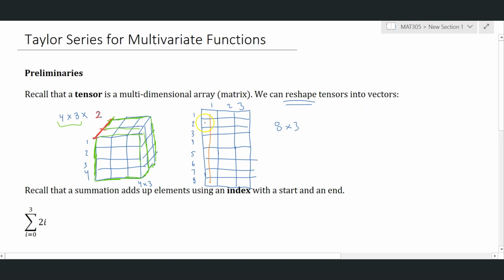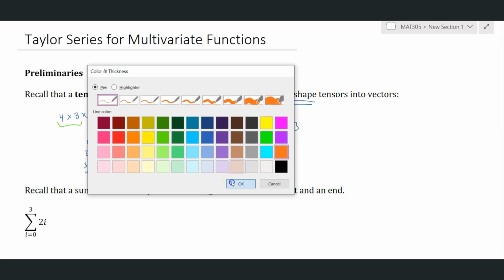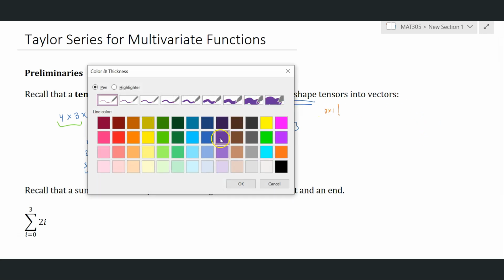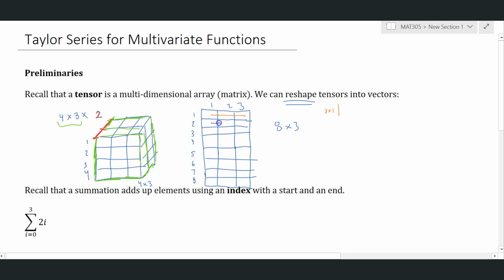The way I'm going to do this, forgive me here for this orange line, is I am going to go row by row, and each row will become a column itself. So this first row will become my first column, and that's just going to be a 3 by 1 column. We go across the rows, and this is just the convention. It makes things work out nicely.